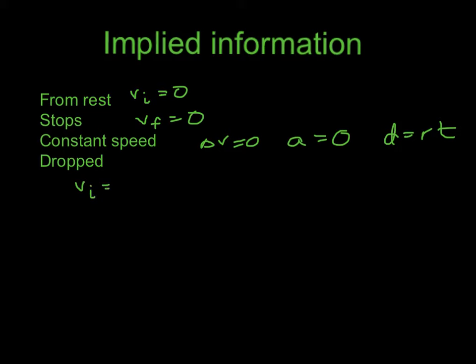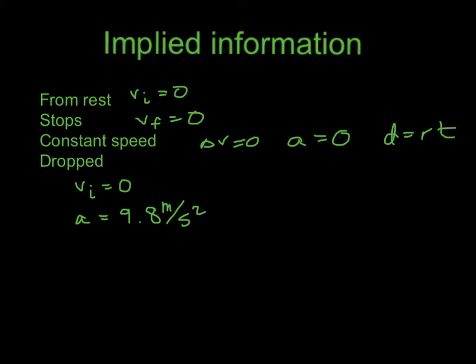And then if something's dropped, when it first leaves your hand and you drop it, its initial velocity is 0. Now, there's another piece of information: its acceleration. Gravity's going to pull it down, and it's going to speed up every time it falls. We're going to talk more about free fall and throwing things up and down in a later video, but to get you started, gravity is always in the down direction, and the acceleration due to gravity is 9.8 meters per second squared.